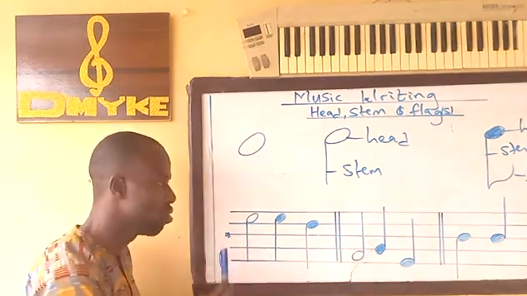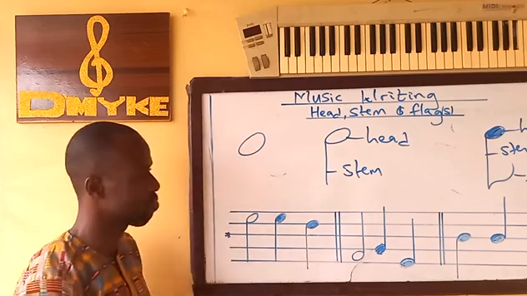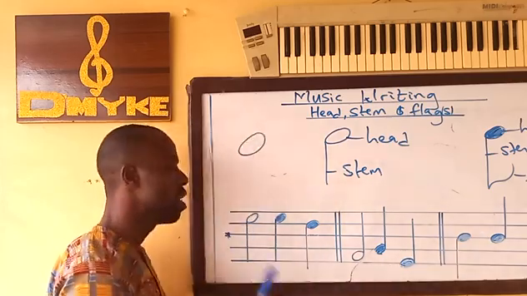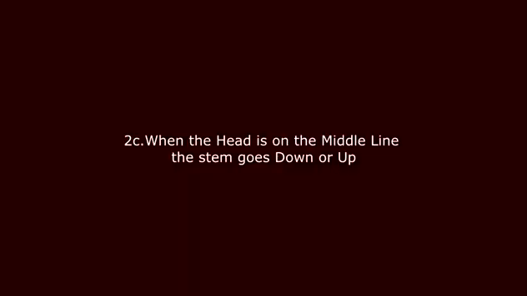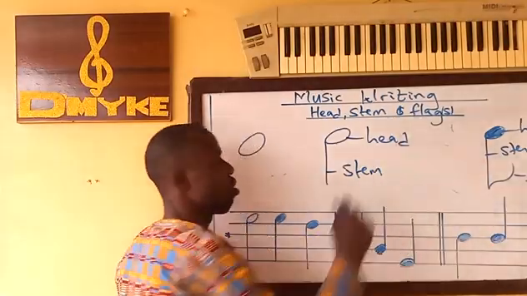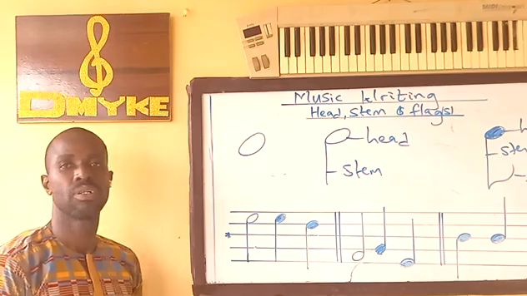So that's how to measure the length of your stem. The C part of it. When the head is on the middle line, the stem can either go down or up. You decide how you want it to look. So the stem can go down or it can go up when you have the head on the middle line.